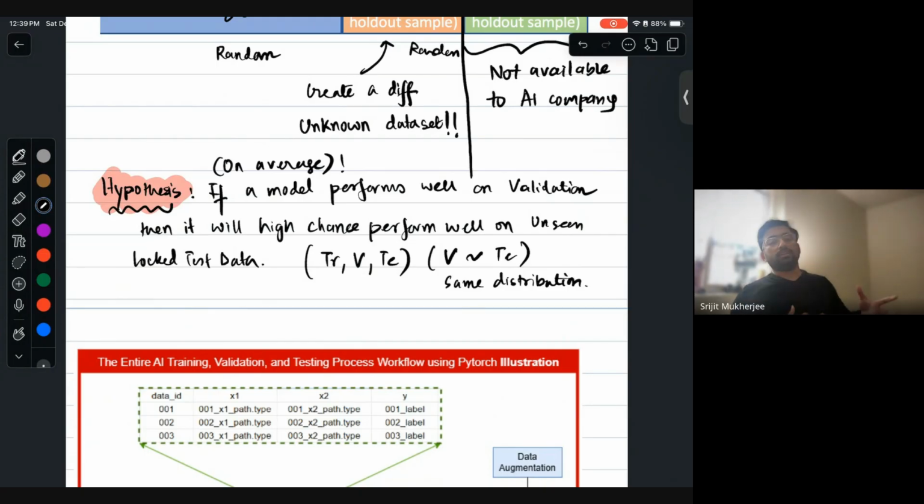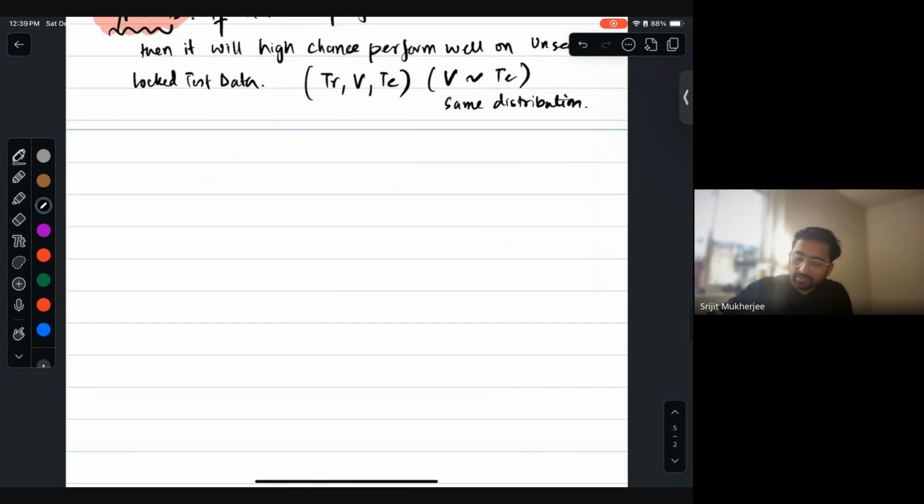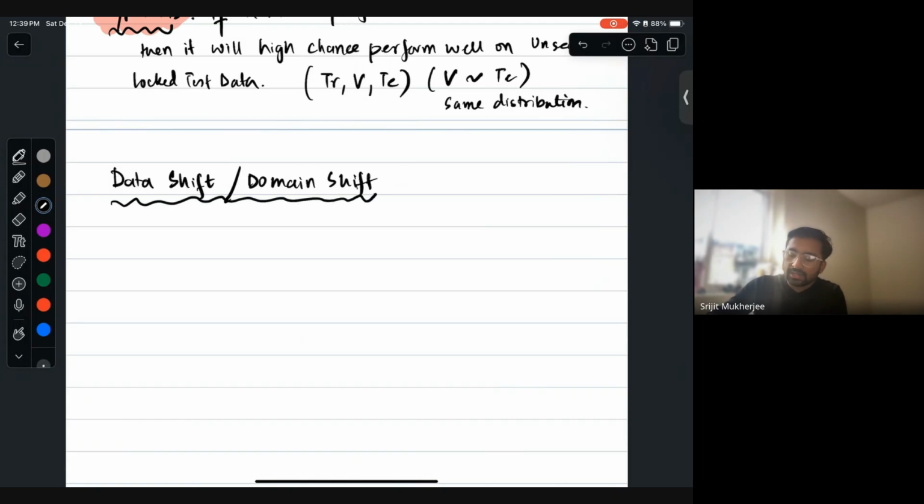Unless there is a data shift, or domain shift. As a reminder, you have a training data set and a test data set. The test data set is with them; it's called unseen.